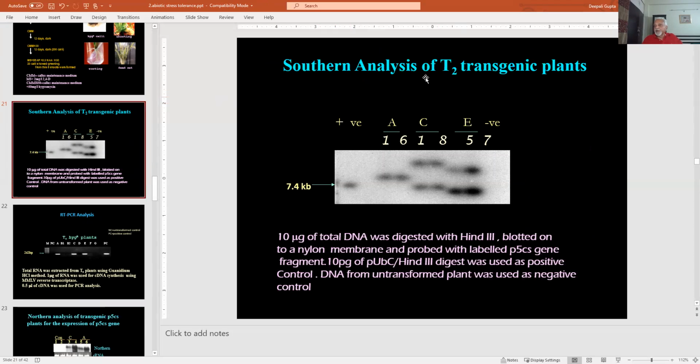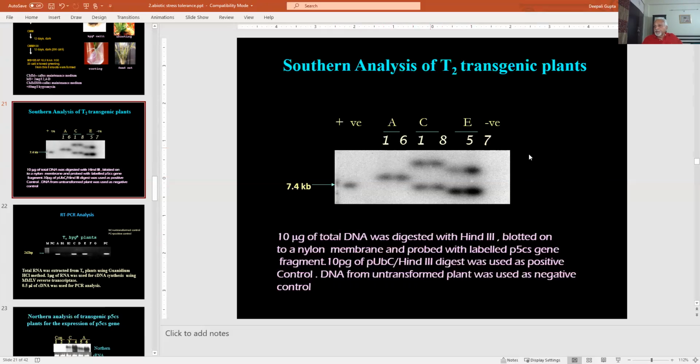This is confirmed by doing Southern analysis, where you take plant genomic DNA and cut it with a restriction enzyme which very specifically releases the coding region, and then this DNA is run on a gel, blotted, and probed with the coding region, in this case, P5CS.